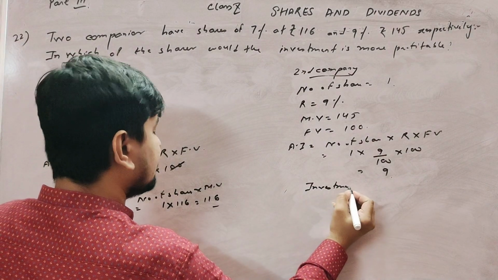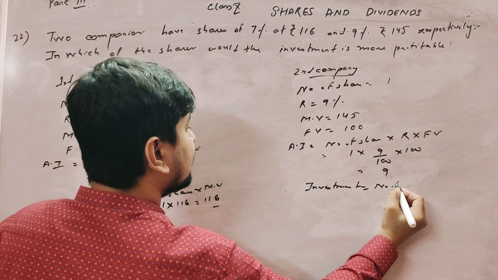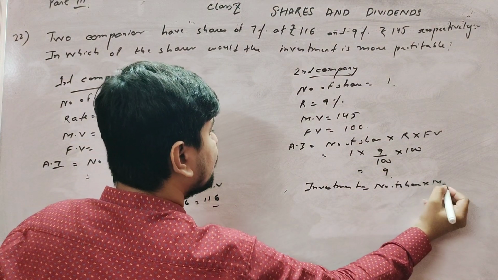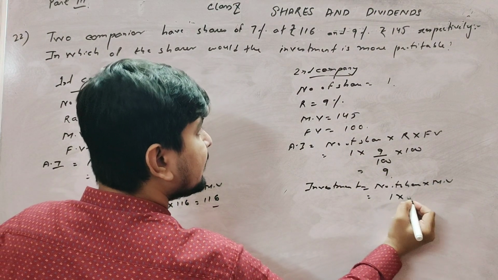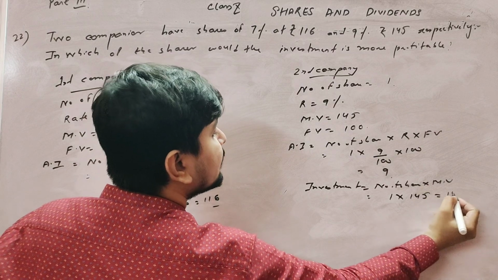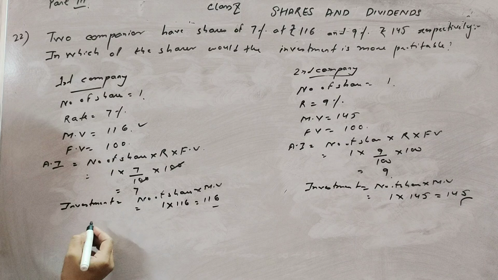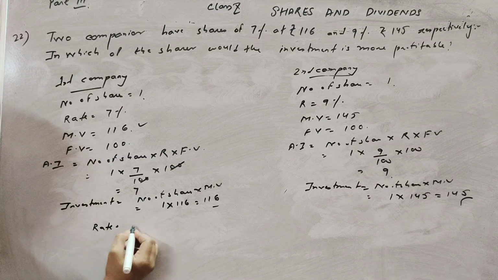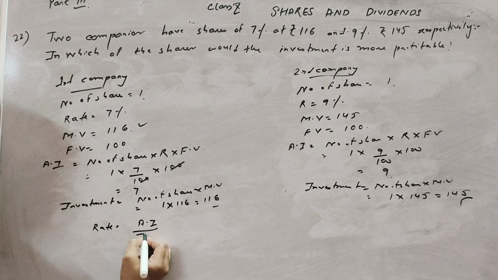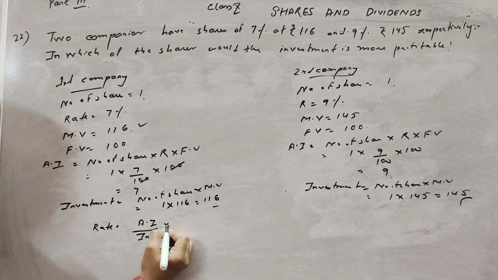Investment equals number of shares into market value: number of shares is 1 and market value is 145. So investment is 145 and here investment is 116.